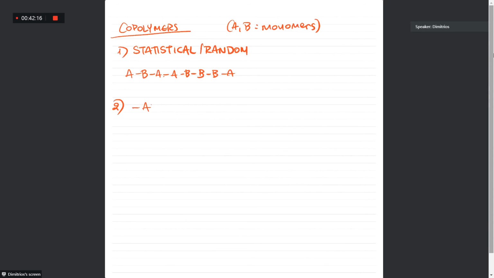So for alternating copolymers, we have this kind of alternating sequence. Oh, sorry, this is alternating. And to fabricate them, we use a step growth polymerization.